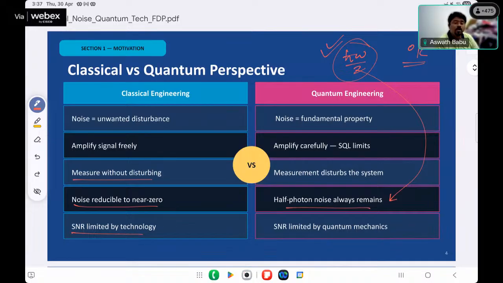That is where lock-in amplifiers and other things come in to enhance SNR. But technology may not assure a very good SNR in quantum systems. Why? Because whatever advancement you make, you can't reduce the noise below h omega by 2. The energy of the disturbance cannot be less than this. That is the standard quantum limit.